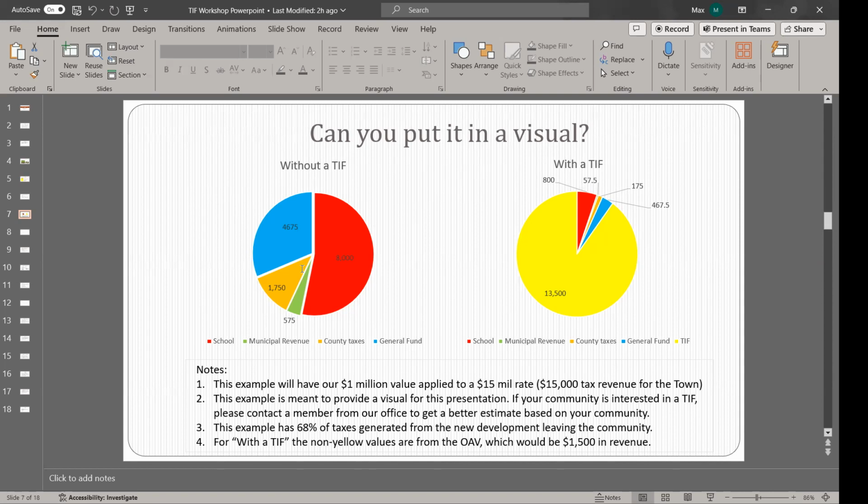And you may be saying, well, why is there still some money going to the school, municipal revenue sharing, and all these other buckets? Well, that's because that $100,000 original assessed value I mentioned earlier is still in play. That's still going to contribute to your general fund. When you place a parcel into the TIF district, whatever that original assessed value will always contribute that same amount to the general fund.